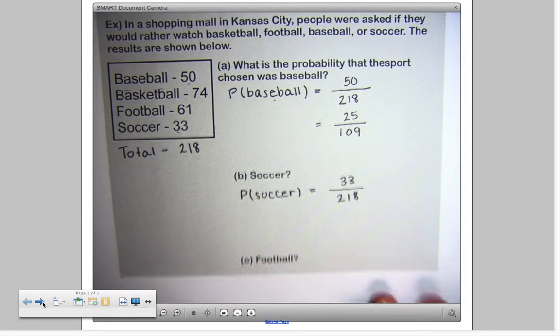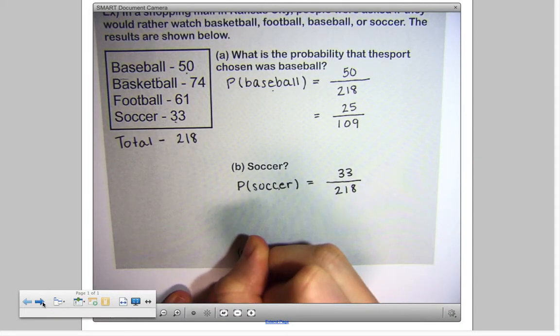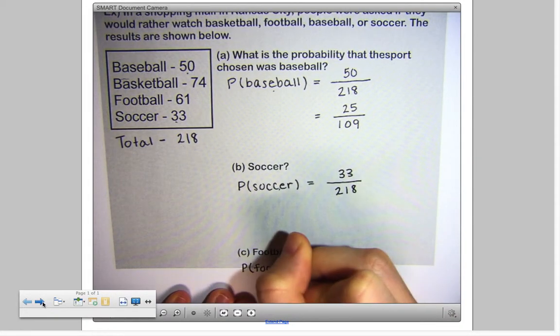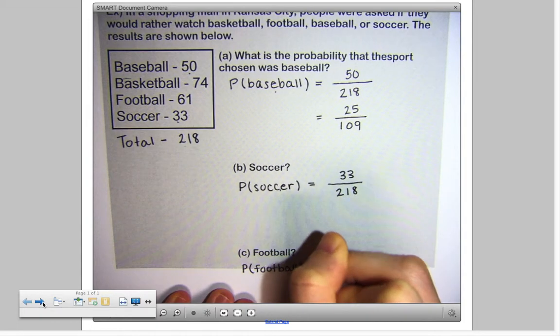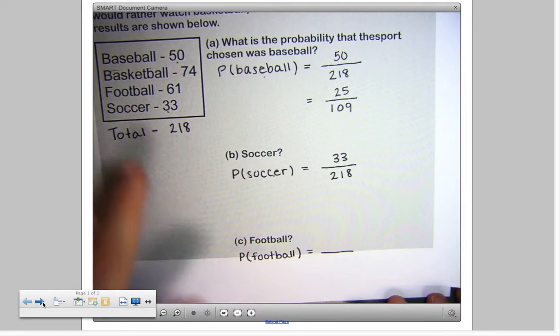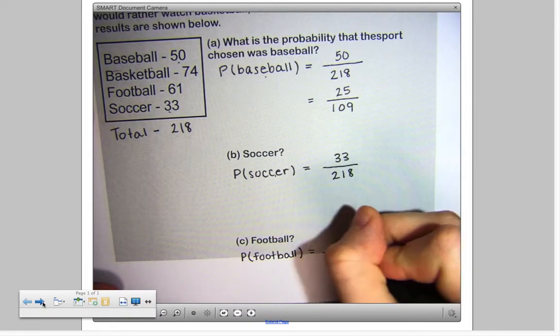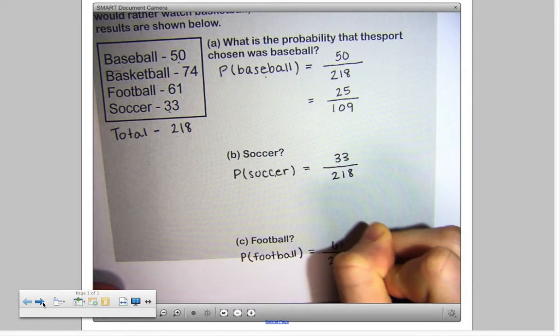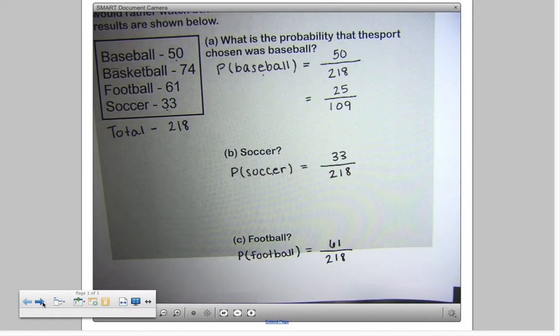And the last one, we want football. So I'm going to have probability of football. Since we want football, 61 people chose football out of the total, which was 218. Again, that can't be reduced, so we're just going to leave it.